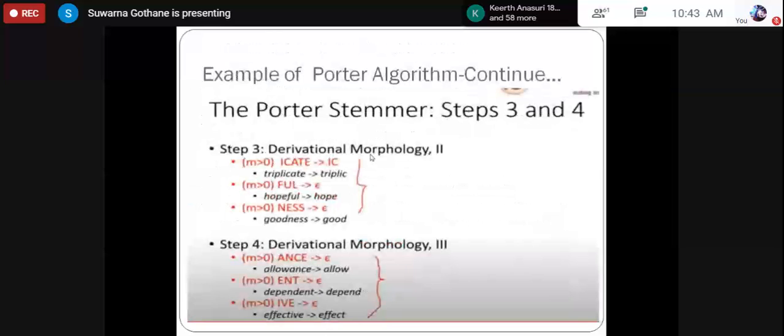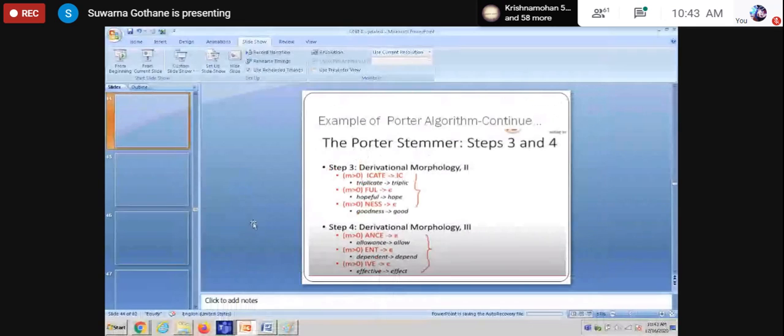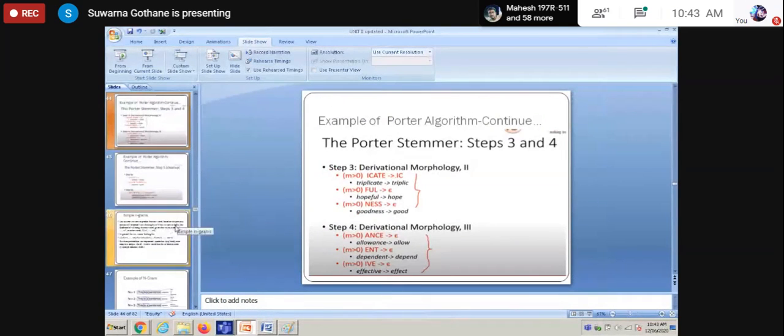So any doubt in this Porter stemmer? Did all of you understand this Porter stemmer algorithm? So this is called the Porter stemmer. I will forward these slides because I don't know how properly the books have given it.